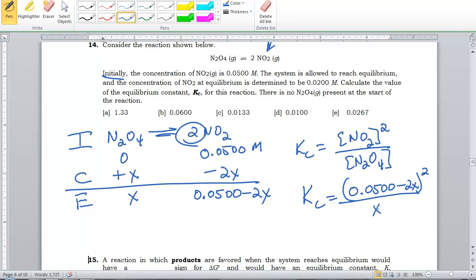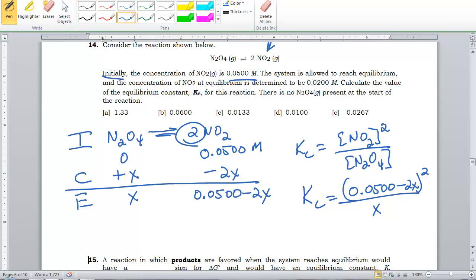Now, I've worked a lot of these problems. I probably should have read this one a little bit more carefully, but for me, I set up all my ice tables the same regardless of whether I'm solving for X or solving for K. So once I knew that I wasn't at equilibrium, that I was just starting with the product in this case, I immediately just jumped into my ice table in terms of X and plugged it in.